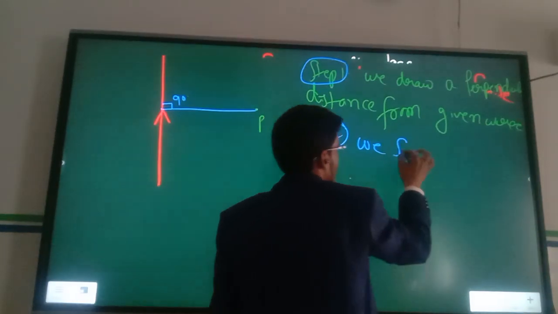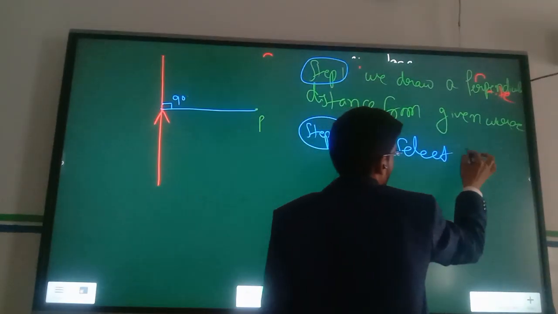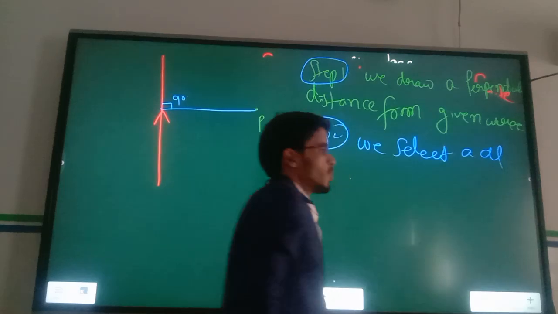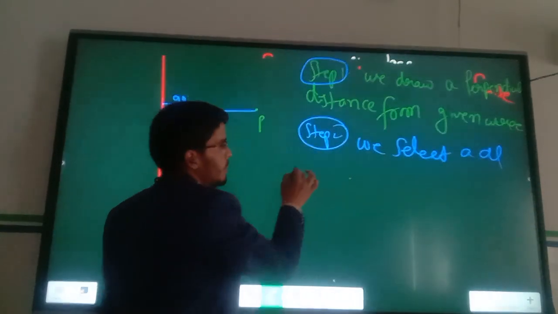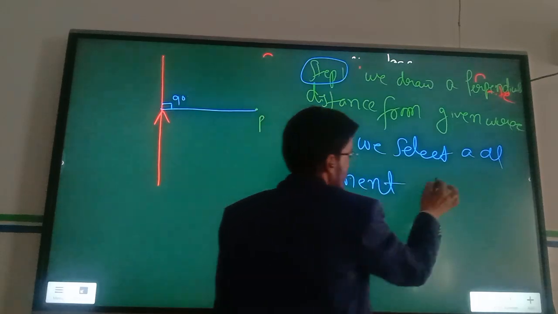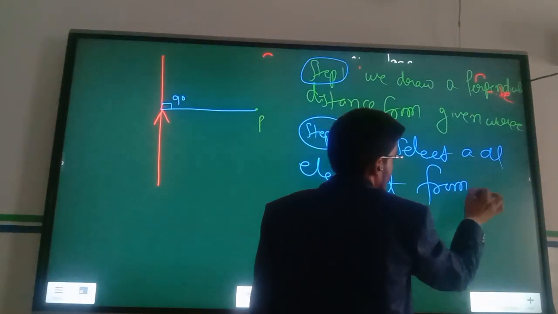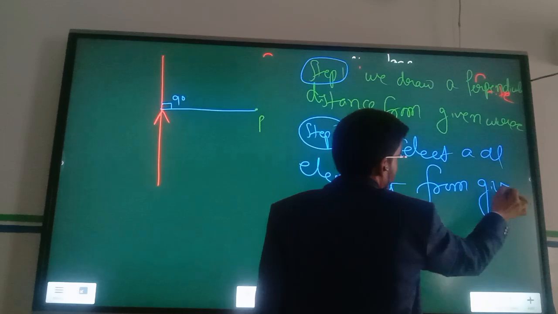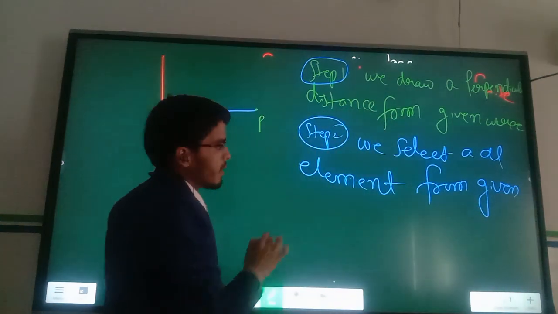Step second, we select a dl element from the given length of wire.